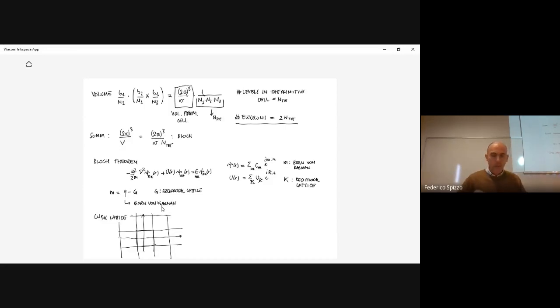If these are all the cells in the reciprocal space, cubic cells, and then for instance this is M, so an arbitrary vector in the reciprocal space, then I may write M as Q plus G, so it's easier now to distinguish, to represent that.